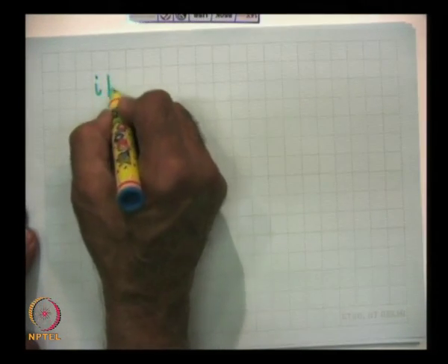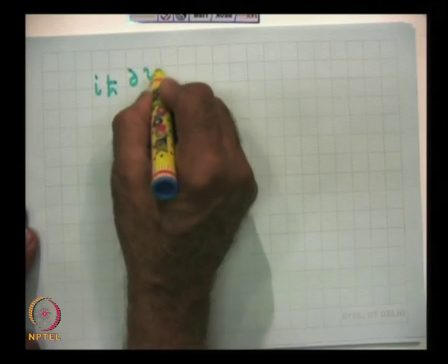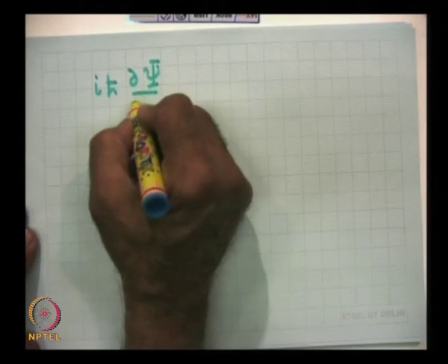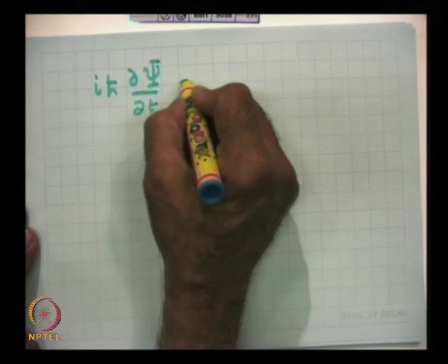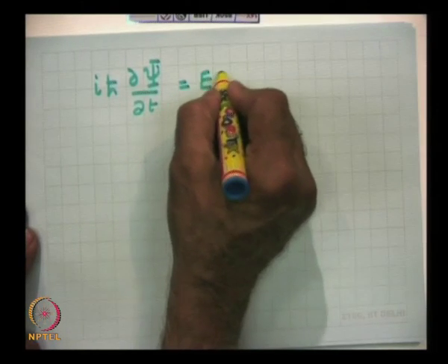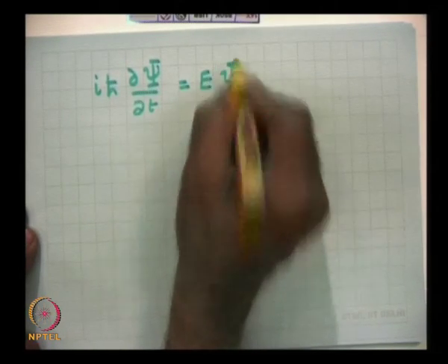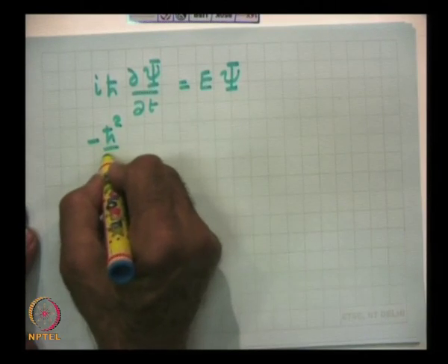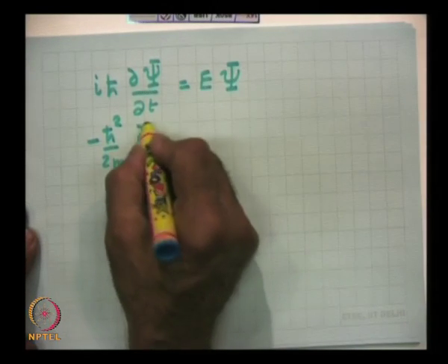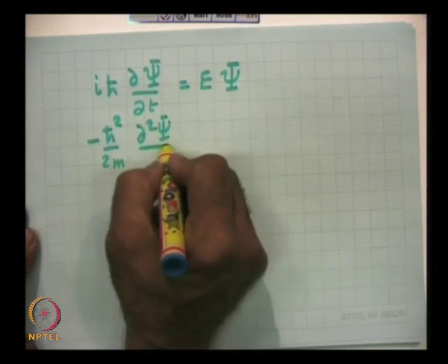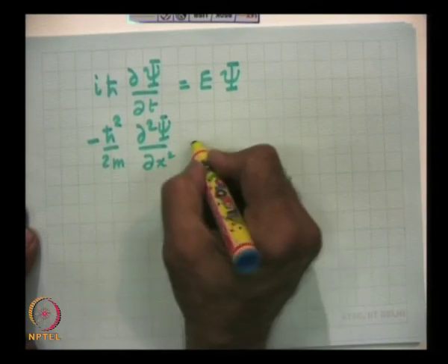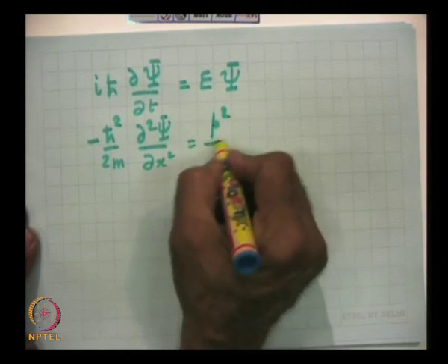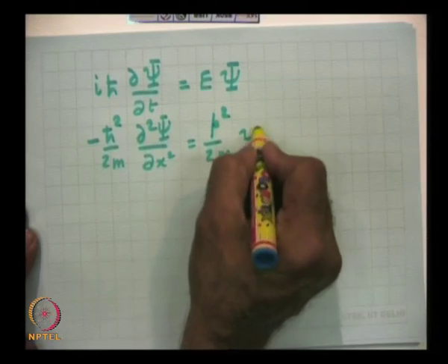First, I derived i h cross ∂ψ/∂t is equal to E ψ. Then earlier I had derived minus h cross square by 2m ∂²ψ/∂x² is equal to p² by 2m into ψ.